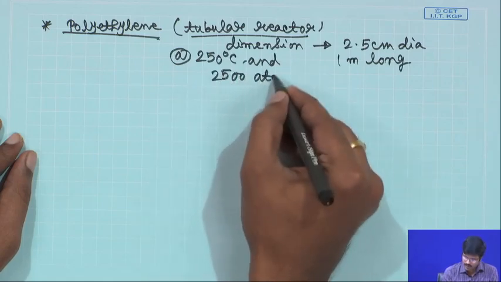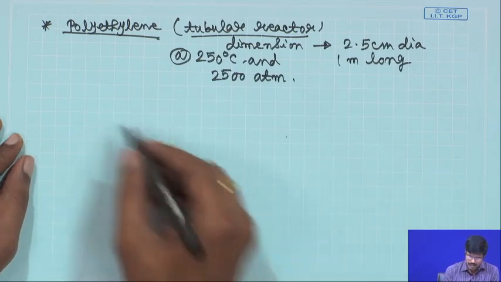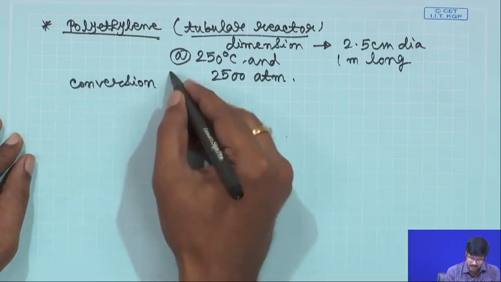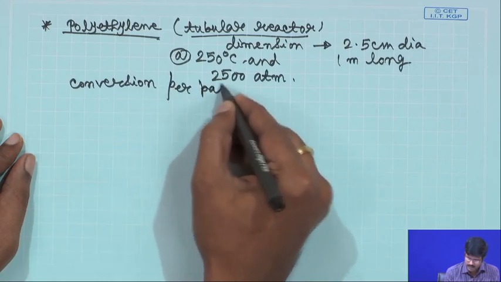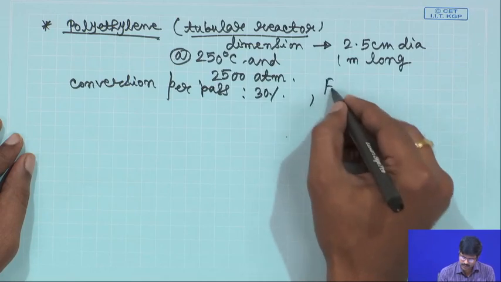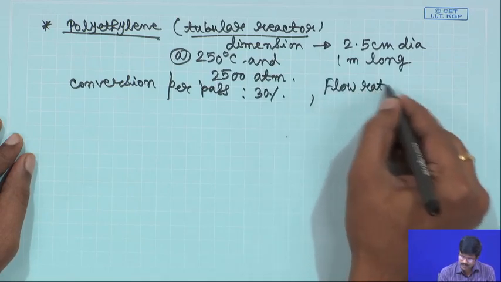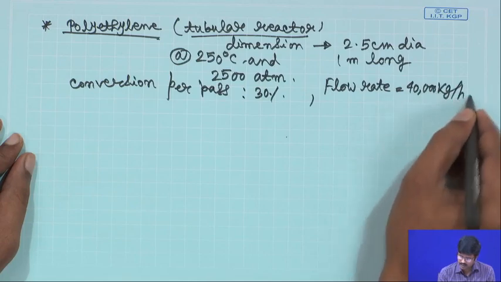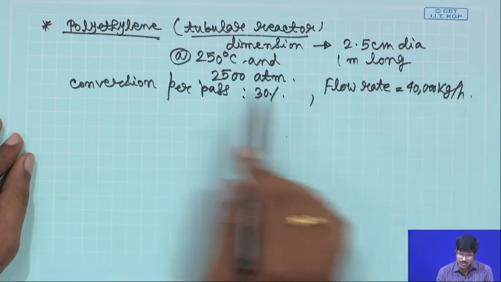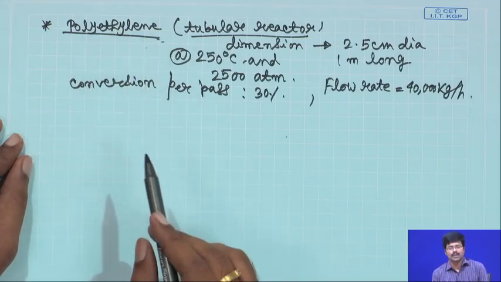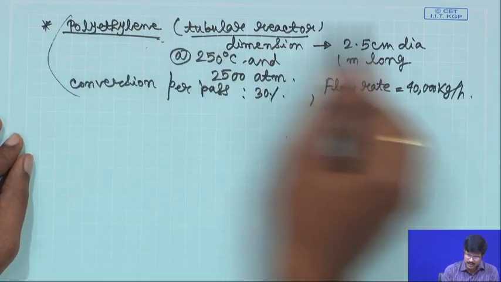2500 atmospheric pressure, and conversion per pass is 30%. Also, what is given is the flow rate. The flow rate is 40,000 kg per hour, and also you assume that the polymerization is first order in ethylene concentration. So, all these things are given.